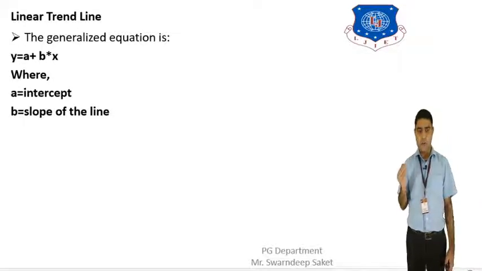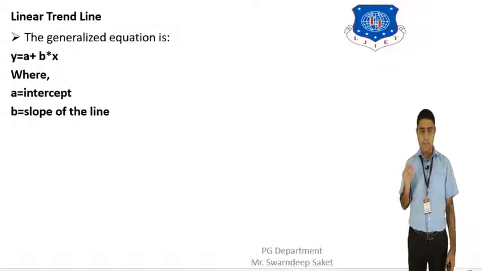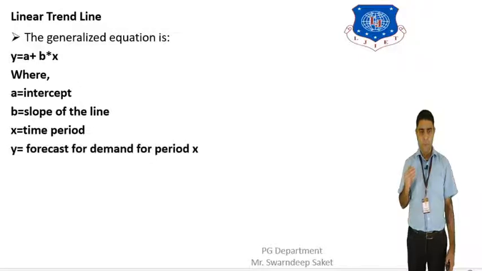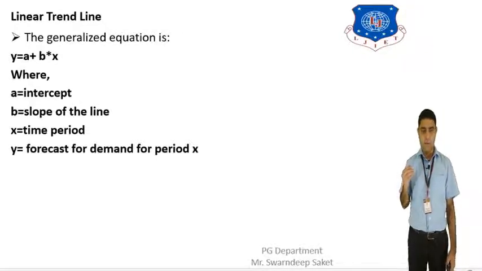To calculate the slope we have to calculate a, the intercept, and the slope, where x is the time period. And y is the forecast for the demand for period x. So we will calculate the forecast value y for period x.